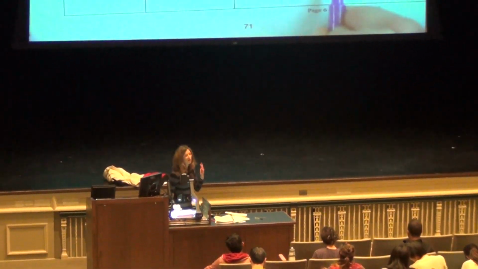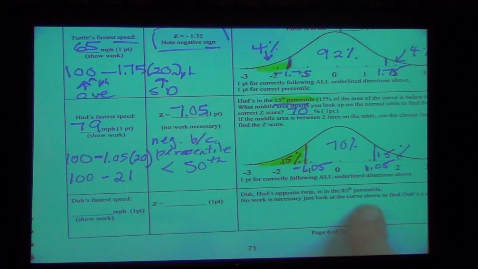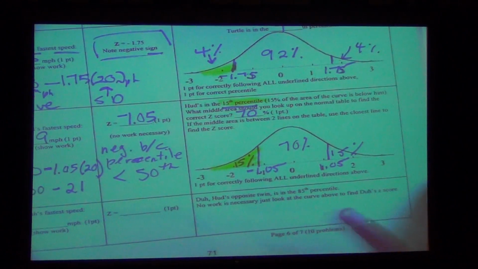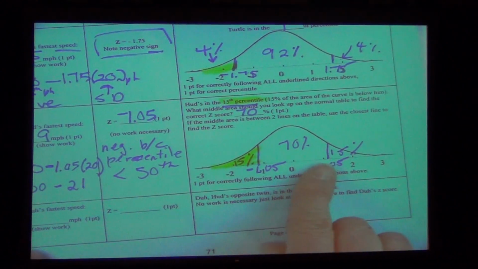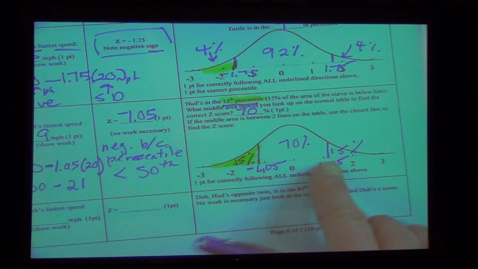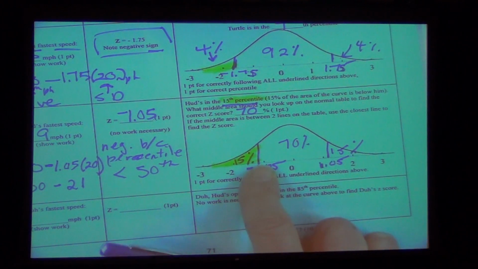He's up at the 85th percentile. I say no work is necessary. Just look at the curve above. Can you see why no work is necessary? Because the 85th would be 70 plus 15. He'd be way up here. He's as fast as his opposite is slow.